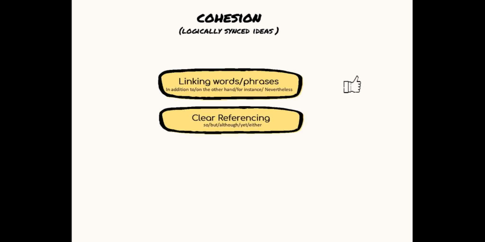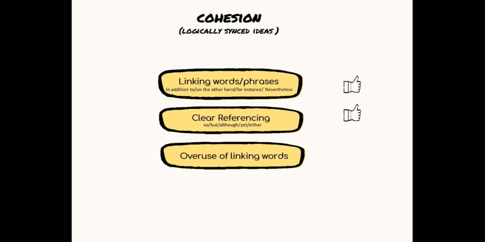As your essay is going to be long enough, of 4 paragraphs or 5 paragraphs, it's very important that in each and every sentence, whatever you are trying to portray is referenced correctly. So you can use words like so, but, although, yet, either, etc. You shouldn't overuse the linking words. That will again make you lose marks.